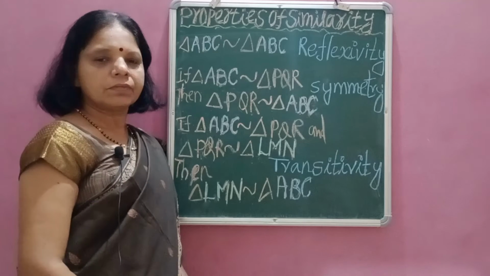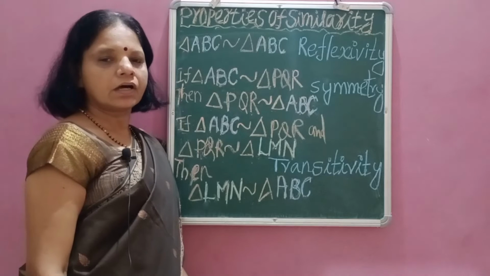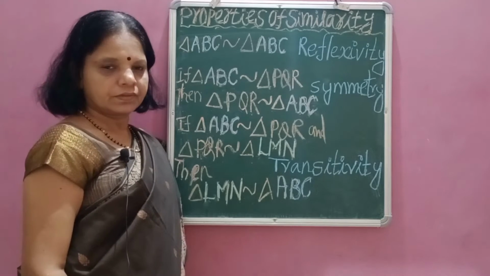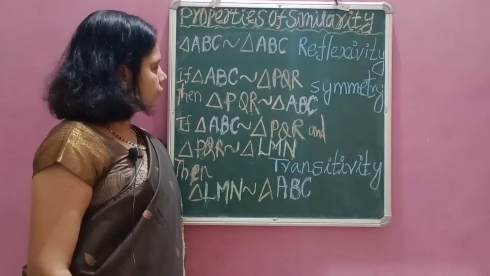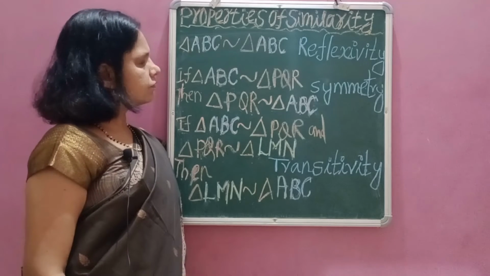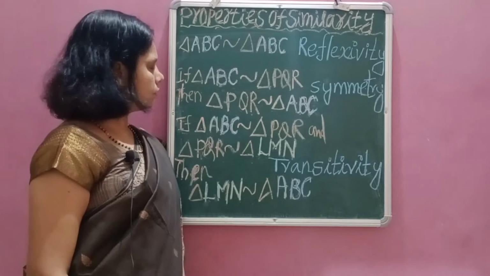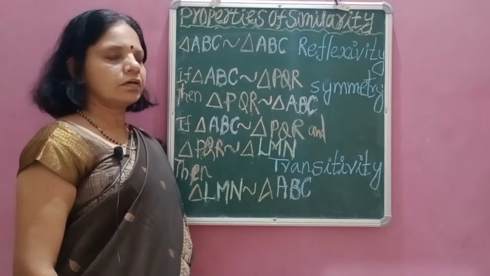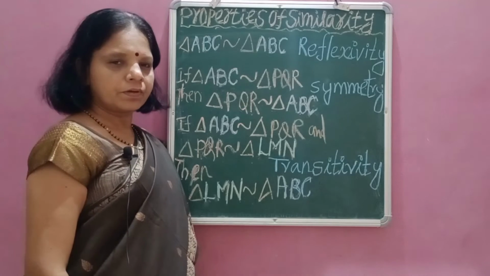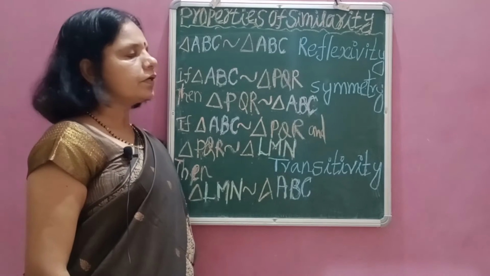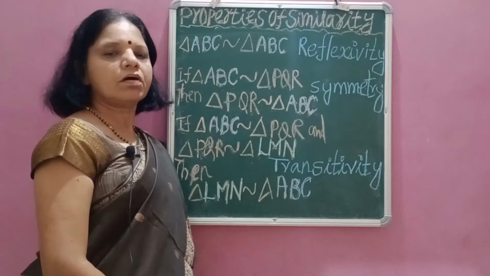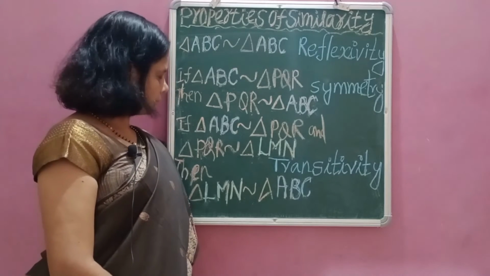Two similar triangles are similar to each other. Clear? If triangle ABC is similar to triangle PQR, then triangle PQR is similar to triangle ABC. This property is known as property of symmetry.